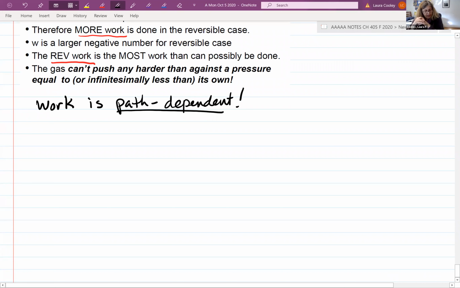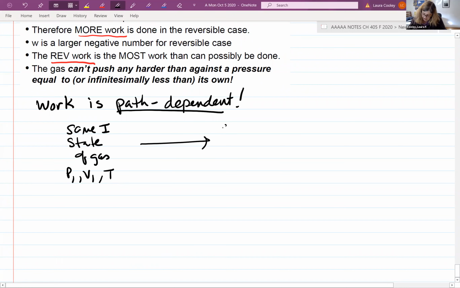Now, what we have really is, we started at the same initial state of the gas. We had P1, V1, and T. And we ended up at the same final state.